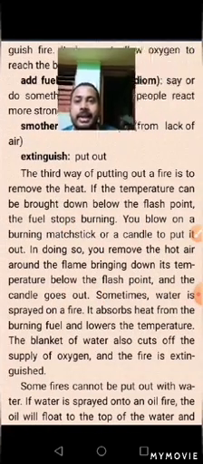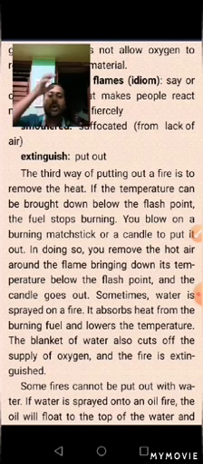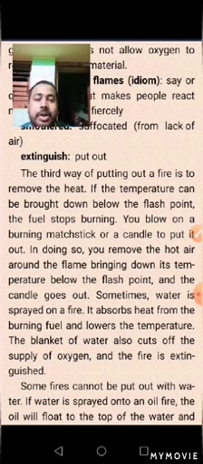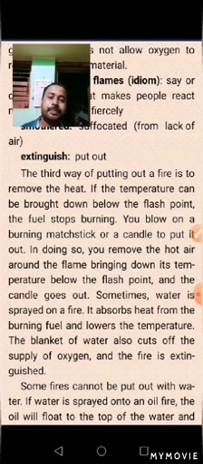But here the writer said that some fires cannot be put out with water. What do we generally do to put out fire? We generally spray water on the fire. But all fires cannot be put out with water.